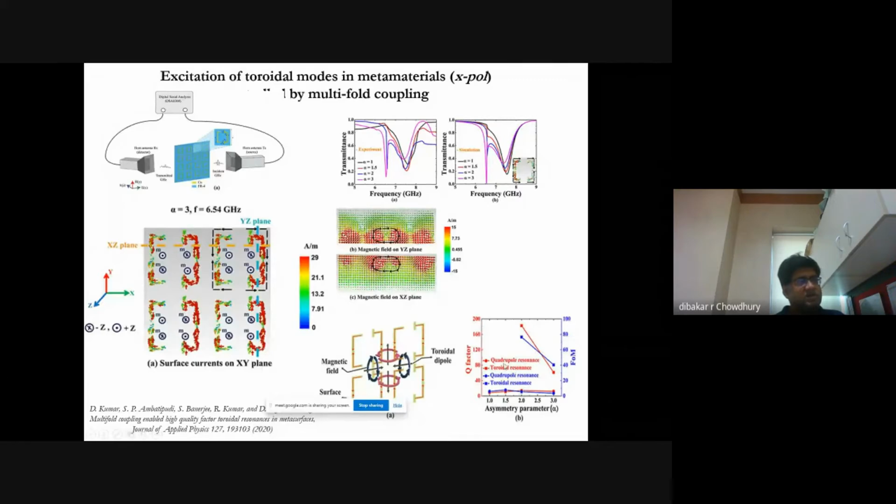For the toroidal mode resonances this is much higher, but for the quadrupole resonance it is not that high. So this is the quadrupole mode, and this is the toroidal mode. This forms a magnetic toroid, and because of that we call this resonance a toroidal mode.